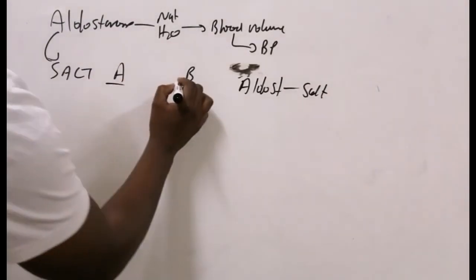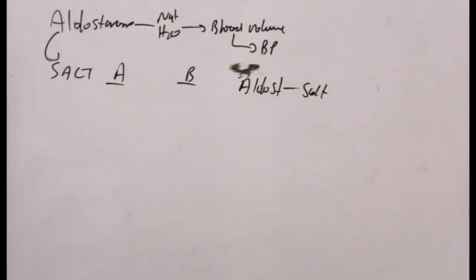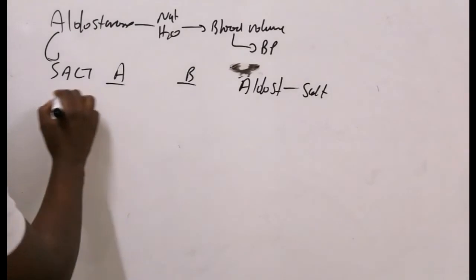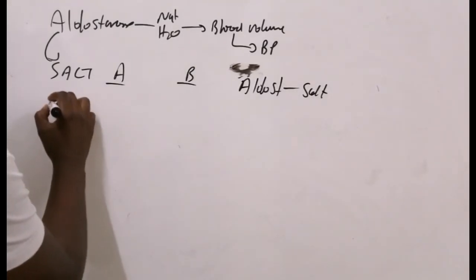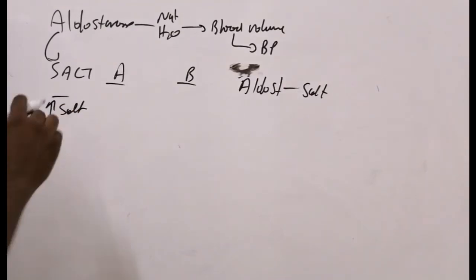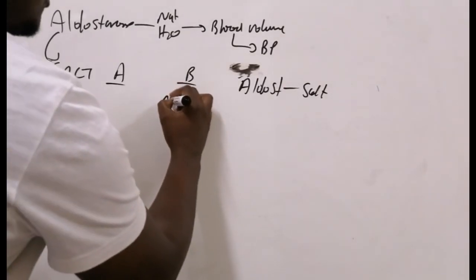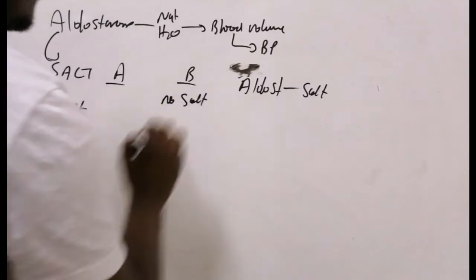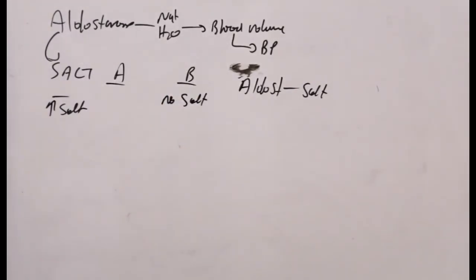So in one particular study, what they did is they took two groups of patients who had hypertension. One group was given a high salt diet, and the other group no salt, and they were given antihypertensives, same class of drugs and same dose.